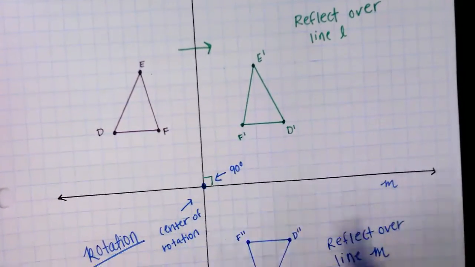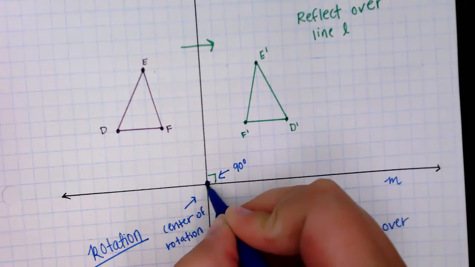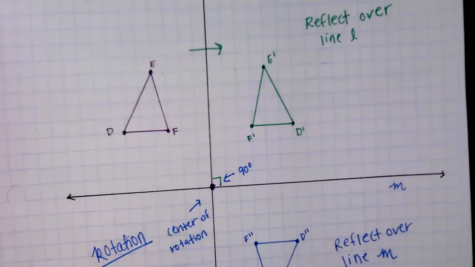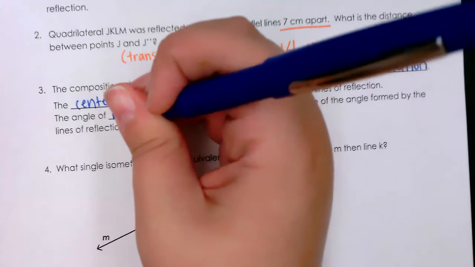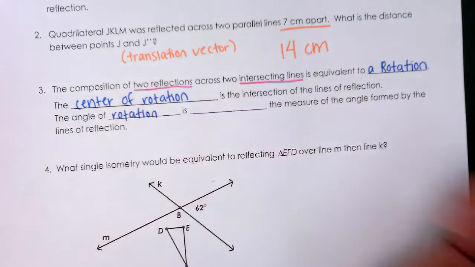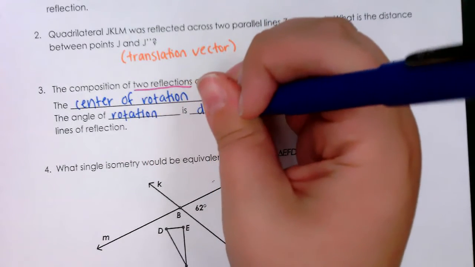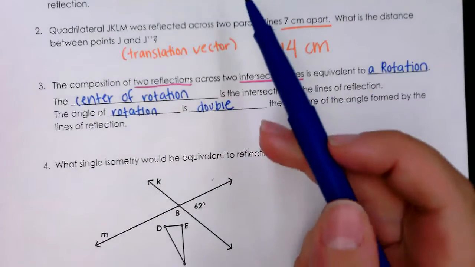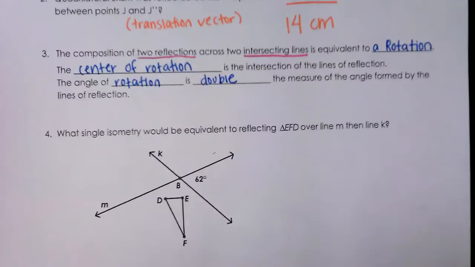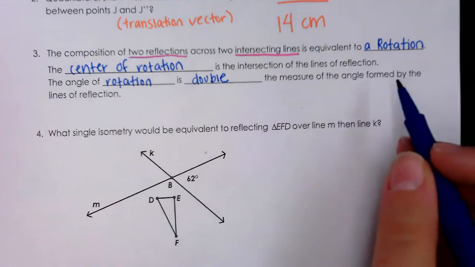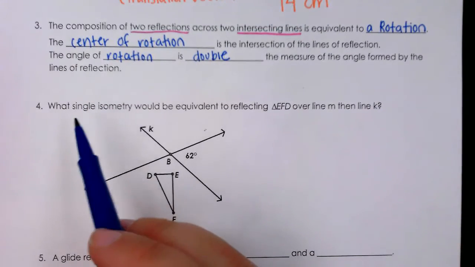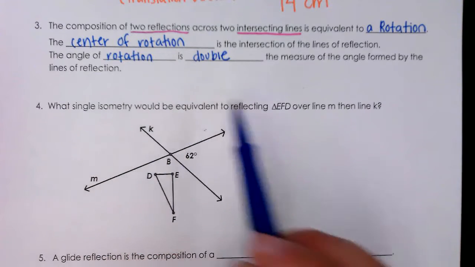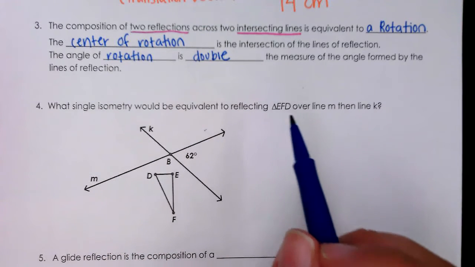So we said we were reflecting over L and M, and so where they intersect each other, that becomes our center of rotation, just like we had said. Then it says the angle of rotation is double. So again, it's double. Just like in example 1, where the vector was double the distance, our angle is double the angle formed by the lines of reflection.